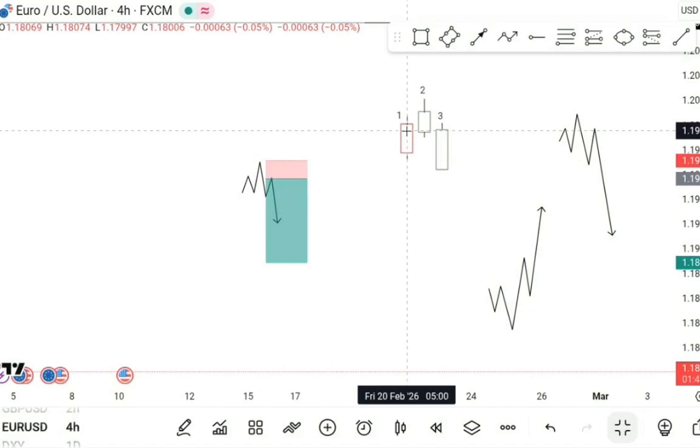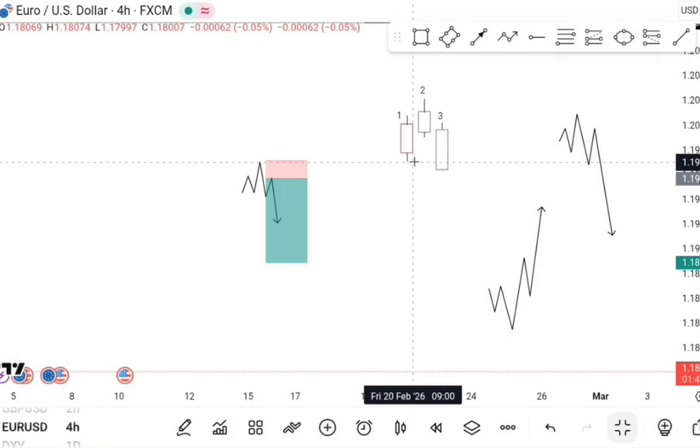There are three key pattern formations that form in the market before any expansion happens. If you understand just those three patterns, you don't need to chase trades, you don't need to overtrade, and you don't need to enter late from any position.